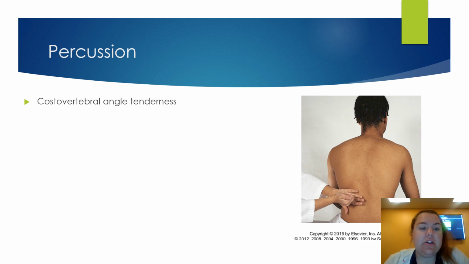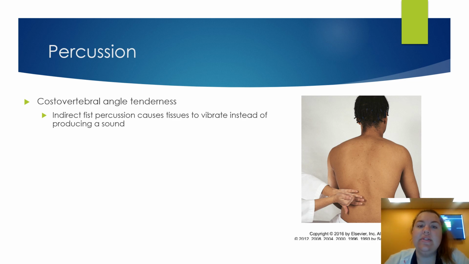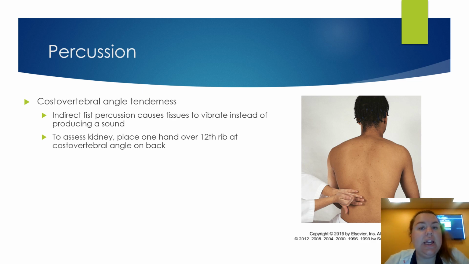Now we're talking about costovertebral angle tenderness. So you are assessing for the kidneys. So it's an indirect fist percussion, causes the tissues to vibrate instead of producing a sound. So you're assessing the kidney. You're placing one hand over the 12th rib, okay, at that costovertebral angle on the back.